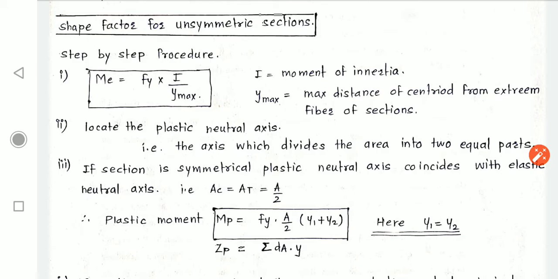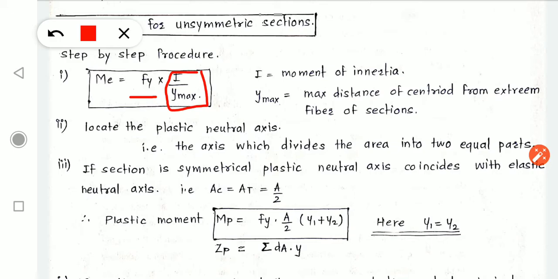In that case, the formula for calculating moment is equal to Fy, which is nothing but the yield stress, since only the extreme fibers are experiencing yield stress, into I by Y. I by Y is Z, and Z is nothing but the sectional modulus.